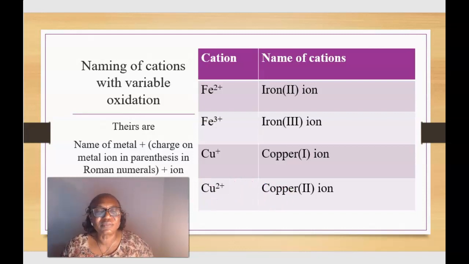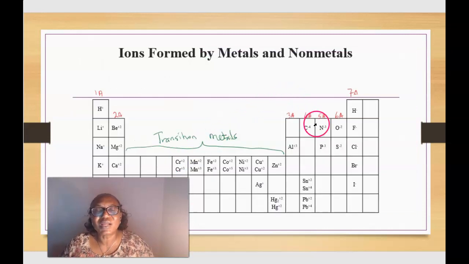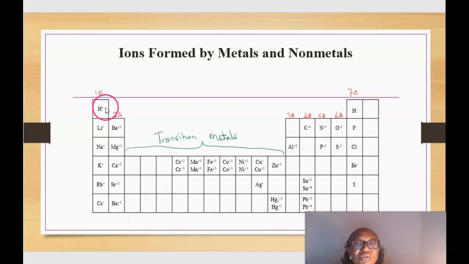So in summary, we can look at the periodic table and predict the cations which can form variable oxidation state. So group 1A, group 2A, group 3A. These cations which are present alone in the boxes, it shows that these are monoatomic cations.